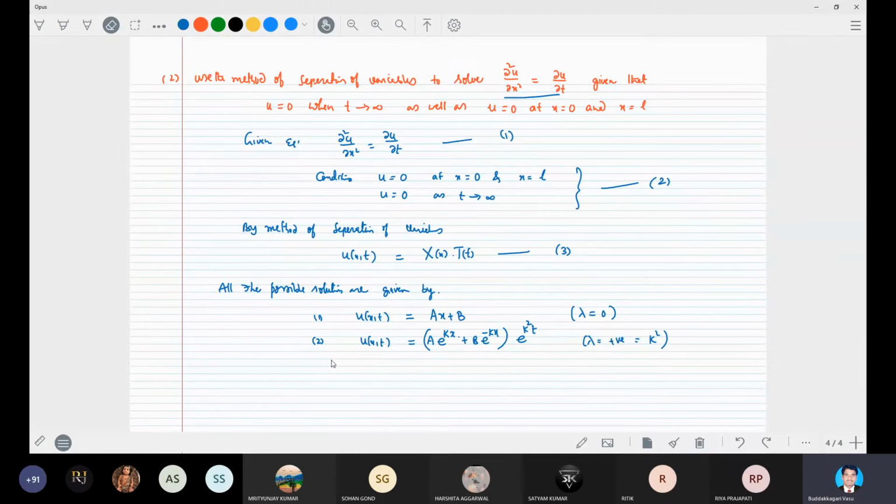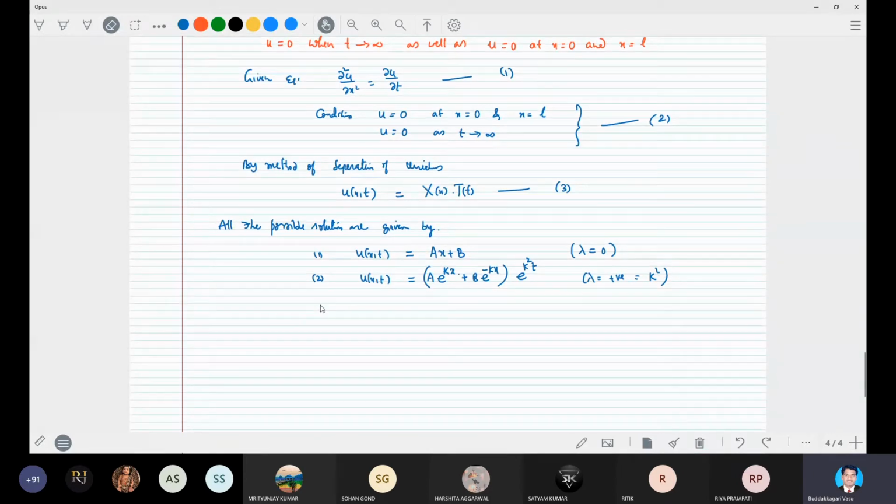And third. What will be the third solution? u of x comma t is equal to a cos kx plus b into sin kx, into e power minus k square t.